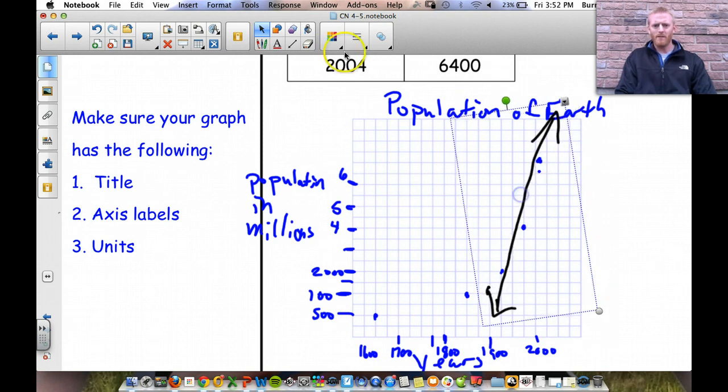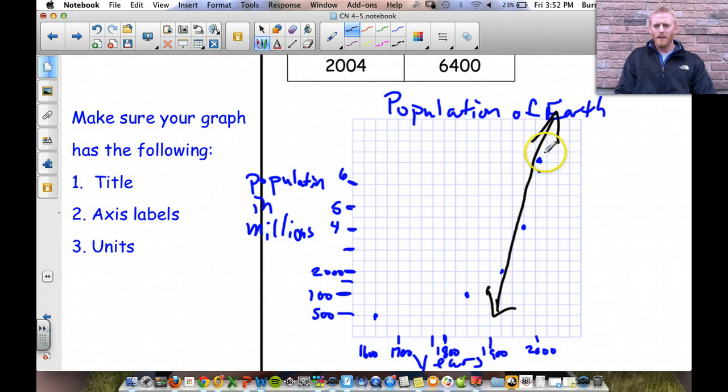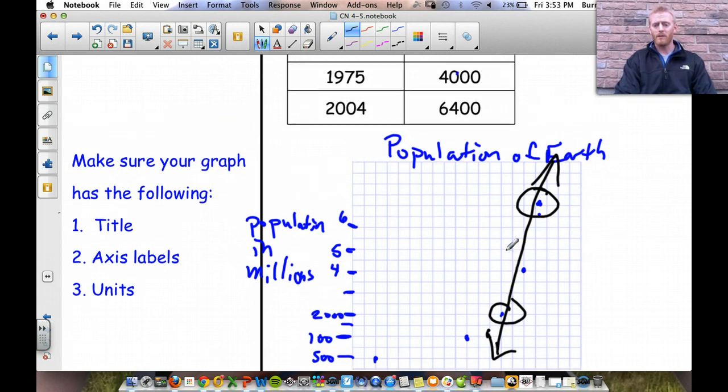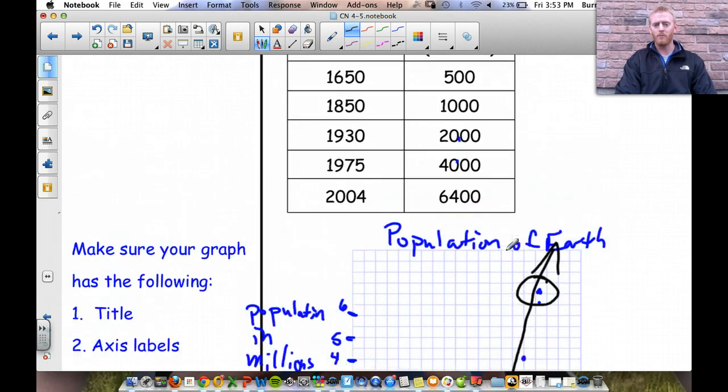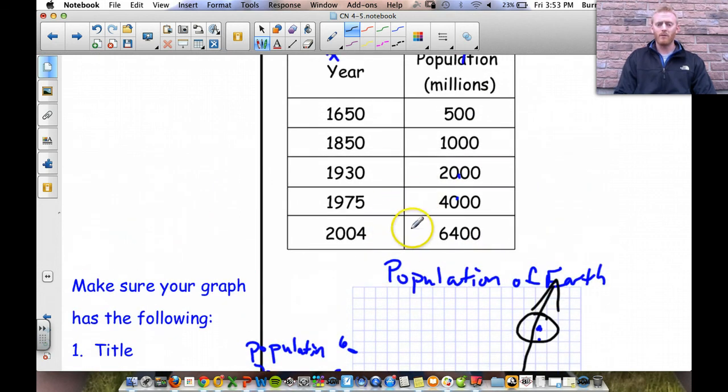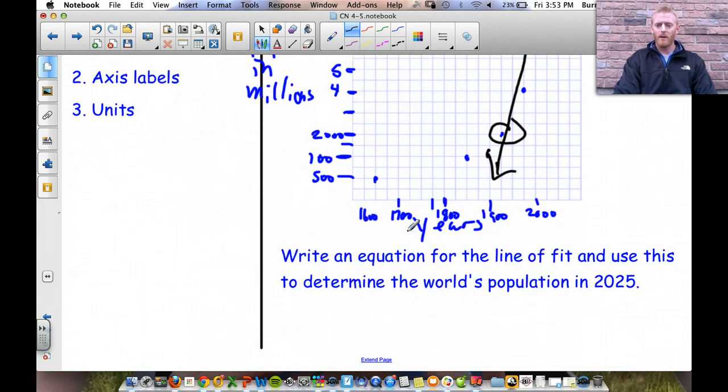What I want you to notice is that to make an equation, we can pick 2 points that are very close to the line, because that's what the pattern of the line is following, and then use the slope of those 2 points. We'll plug them into y2 minus y1 over x2 minus x1, and we'll get an equation from that specific information.